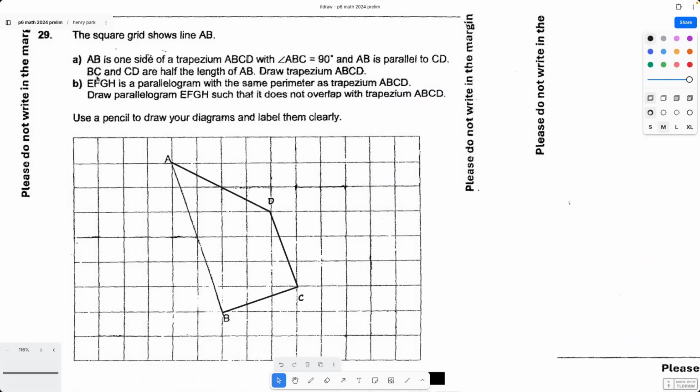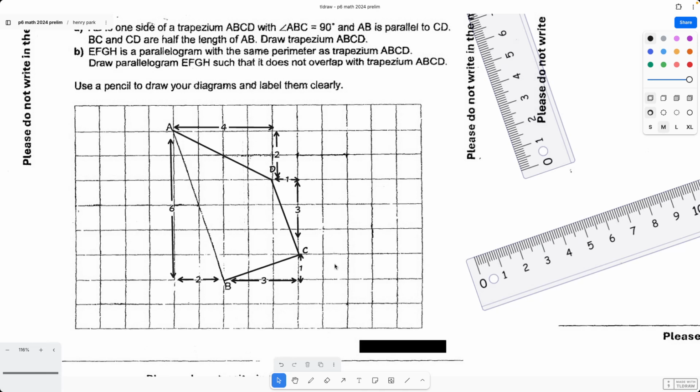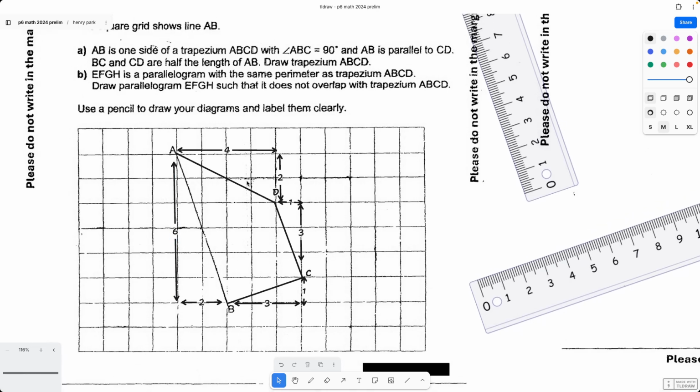All right, so EFG is a parallelogram with the same perimeter as trapezium ABCD. Draw a parallelogram such that it does not overlap with the trapezium ABCD. So basically to draw something with a given perimeter, you calculate the different sides that each part of this trapezium takes.